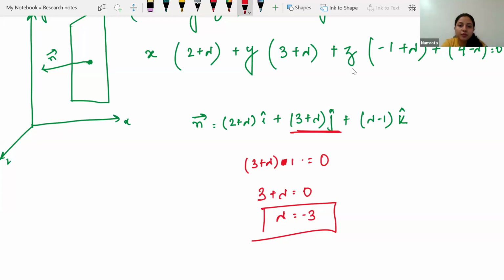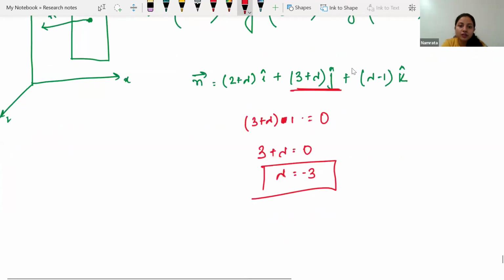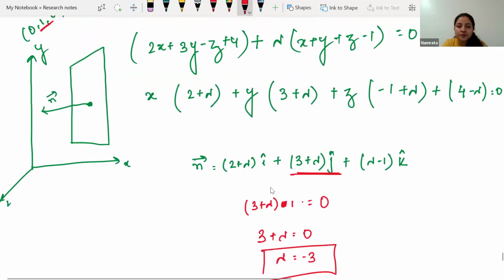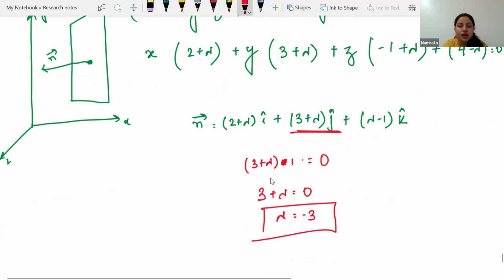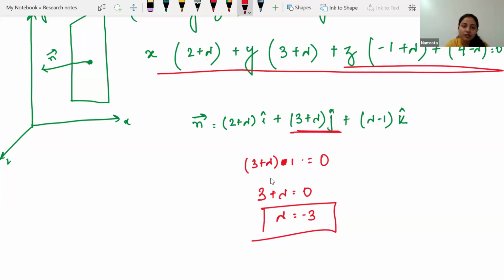Is it clear so far? What we have to find is the equation of the plane. So we got the value of lambda as negative 3. Let's substitute the lambda value in the equation of the plane. So we will have 2 minus 3, that will be minus x minus 1.